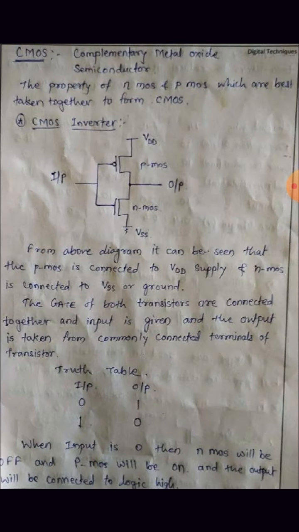Now next, complementary metal oxide semiconductor. Regarding the CMOS family, as shown in the above figure, it is an equivalent circuit for NOT gate, or a CMOS inverter. We can design an inverter with the help of this CMOS.